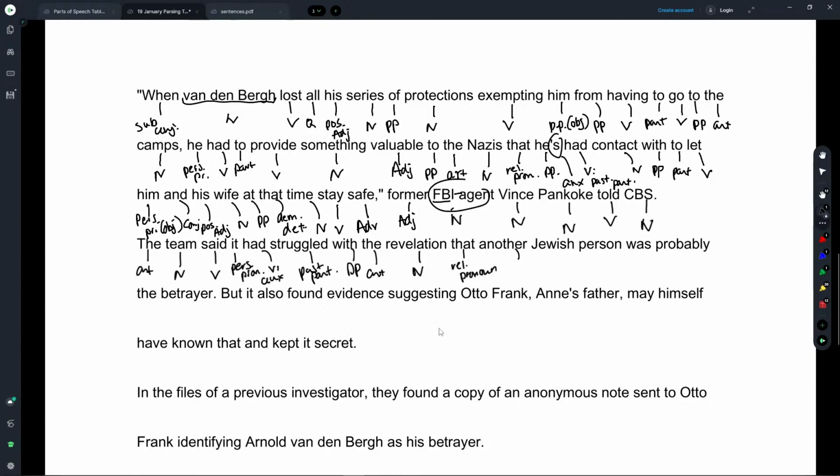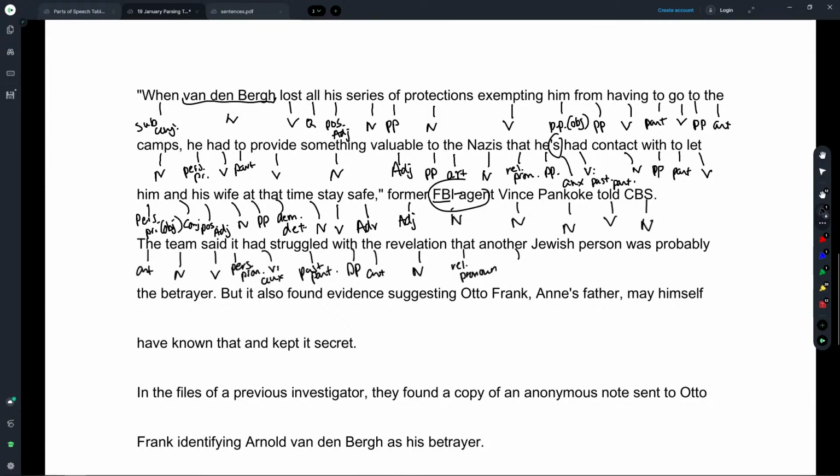So let's put it there. Let's put it as an adjective. Let's check quickly. It's not a quantifier. Nope. So then we're going to say adjective.